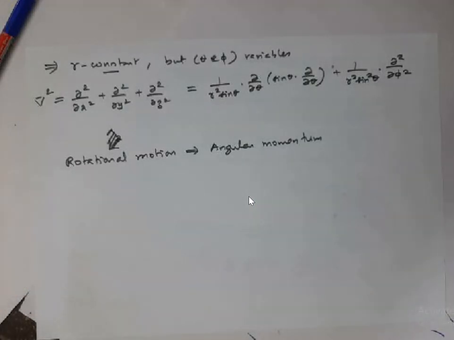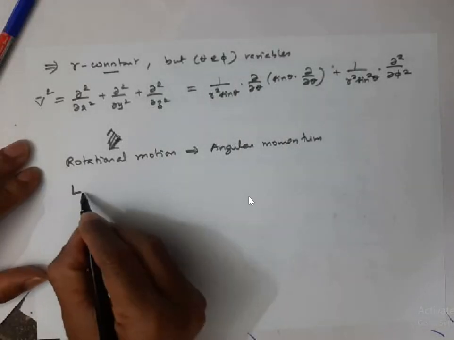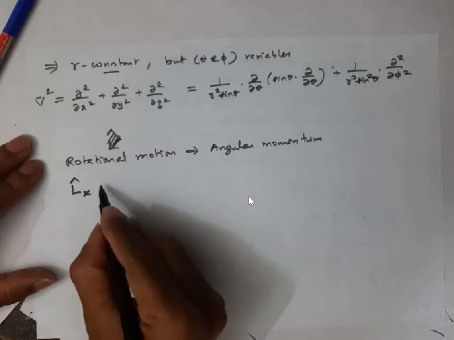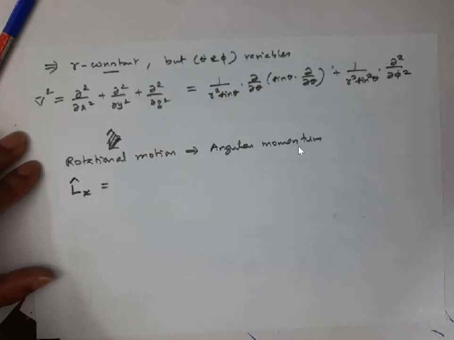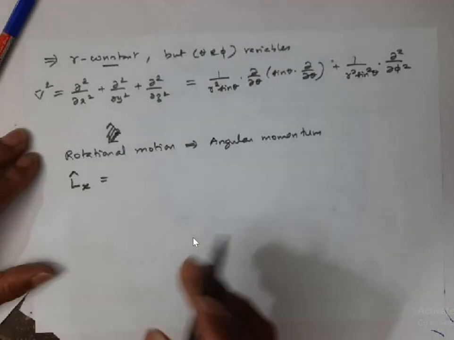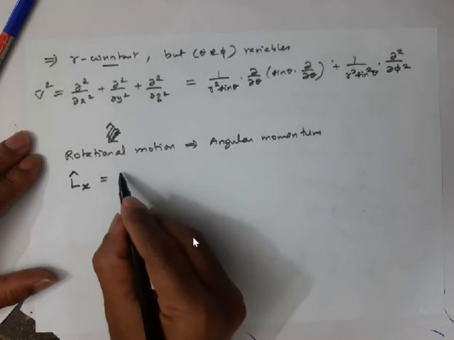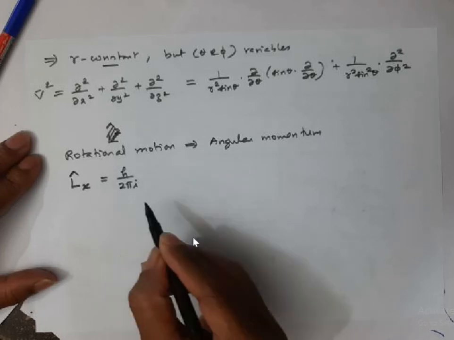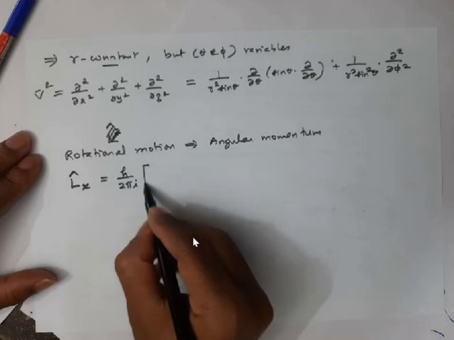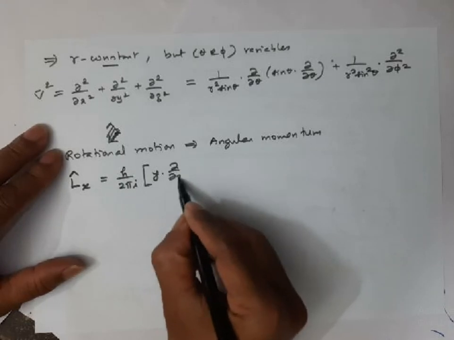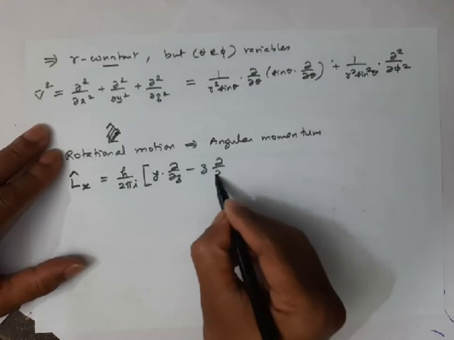In angular momentum, you know very well, angular momentum is a vector, so it can be resolved into three components. The x component of the angular momentum operator in Cartesian coordinate space is given as, since we have x here, you have to apply this formula: h by 2π i, or first let me write y ∂/∂z minus z ∂/∂y.